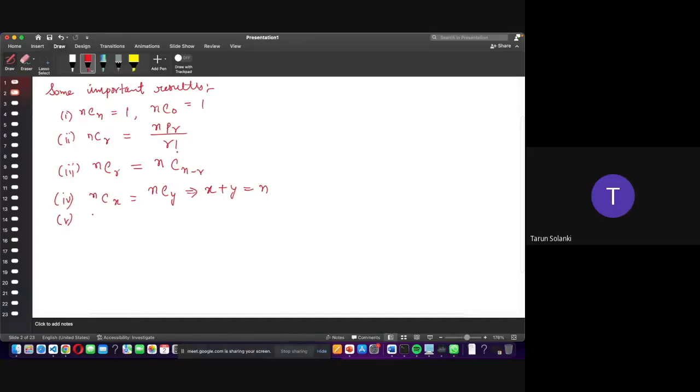Next is nCr plus nC(r-1) is equal to (n+1)Cr. Again, next thing, nCr is n by r into (n-1)C(r-1). Next, nCr is equal to 1 by r into (n-r+1) and nC(r-1).